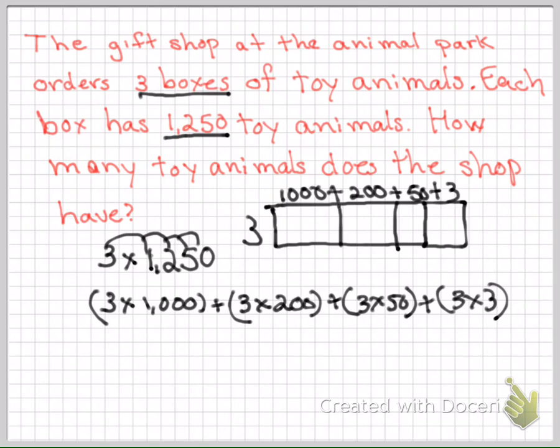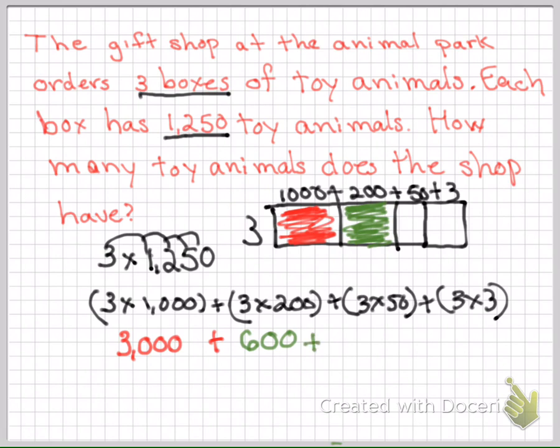3 times 1,000 gives us 3,000. Plus, and that is that box right there. Now we have to do 3 times 200. We know 3 times 2 is 6. Put down the 2 zeros. That's represented right here in this box.